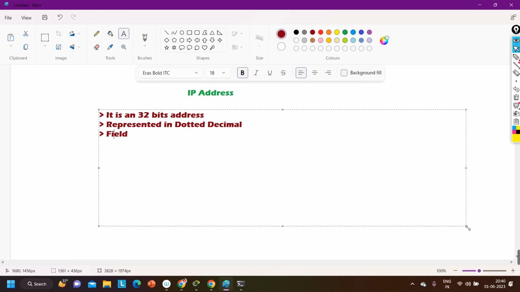There are four fields. So if we have a 32 bits address and we divide that address into 4 equal parts, each part will carry how many bits? 8. Each field will carry 8 bits.